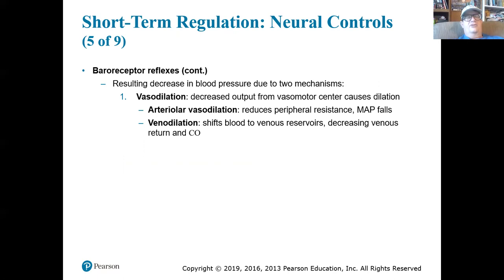This could be by causing vasodilation in arterioles or venodilation. If you make the veins get bigger, you are causing reduced flow there and shifting the blood to the veins, less blood being returned to the heart because you're storing more in the space you create.